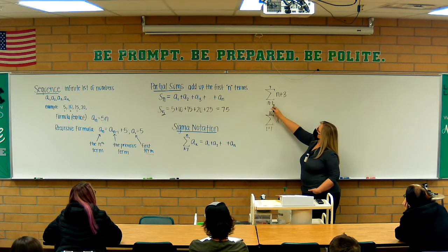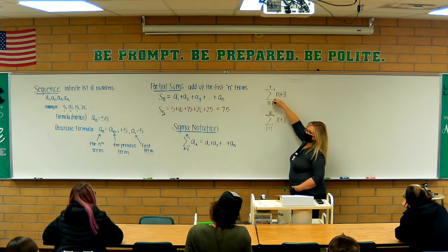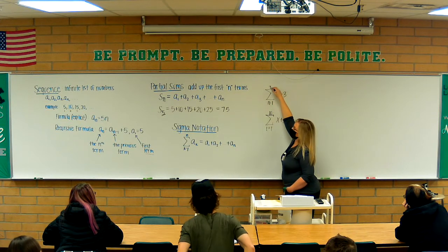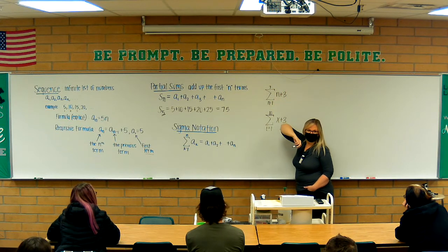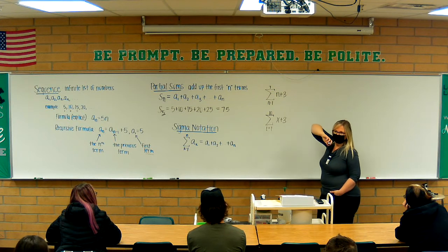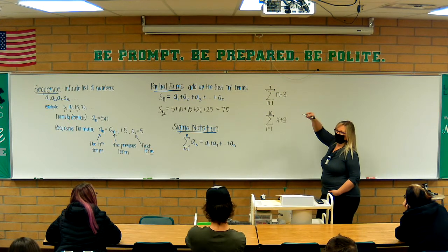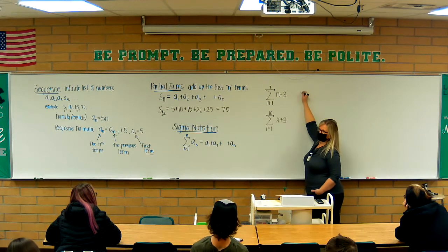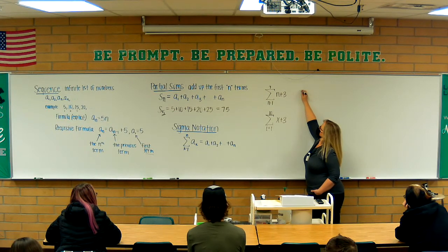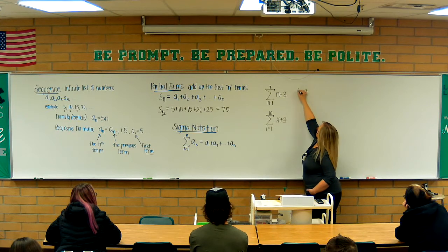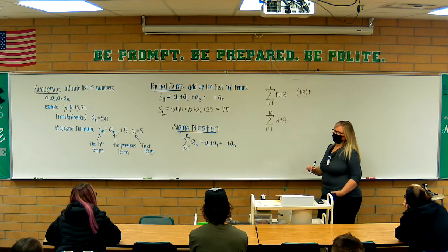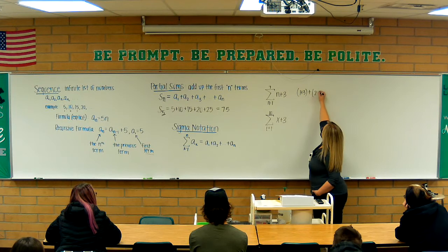Okay? Anyway, let's do this one really quick. If I need to add the first term through the 7th term, what do I need to do? What's the first thing I'm going to put in my sum? 1 plus 3 is going to get added to 2 plus 3.